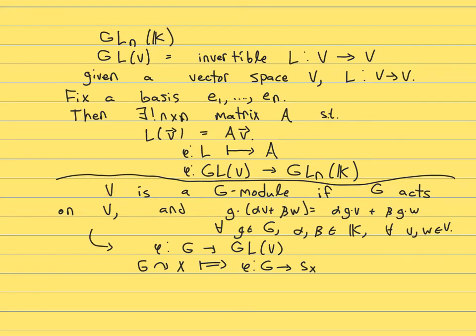So sometimes instead of describing matrices explicitly, what you will often see done is a description of the V module structure. And so just like the case of group actions, the point is that to every group action, you immediately have a group homomorphism.